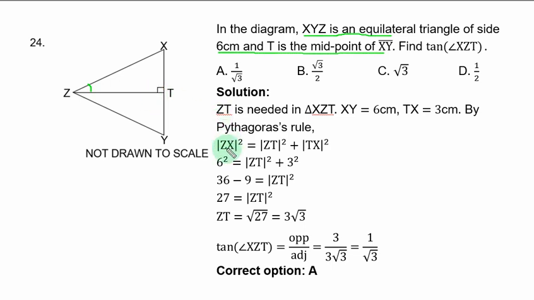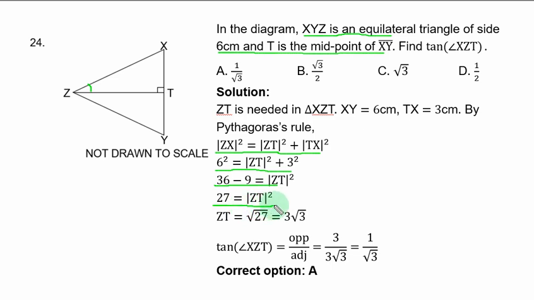You have the longest side, ZS squared equal to ZT squared plus TS squared. You replace ZS with 6 and TS by 3. You have this result. If you simplify and collect like terms, you have 36 minus 9 equal to ZT squared, and you have 27 equal to ZT squared.